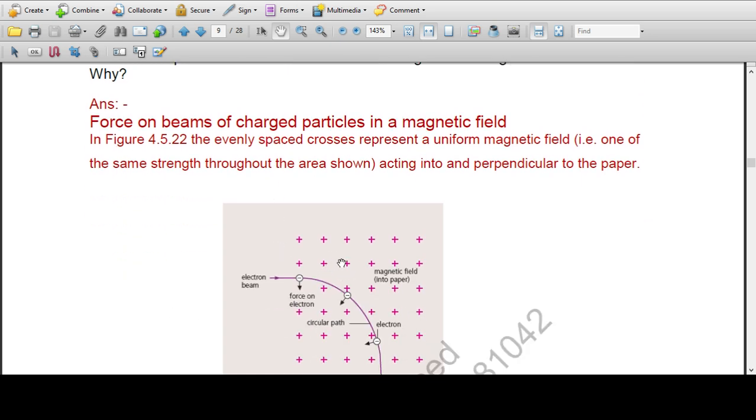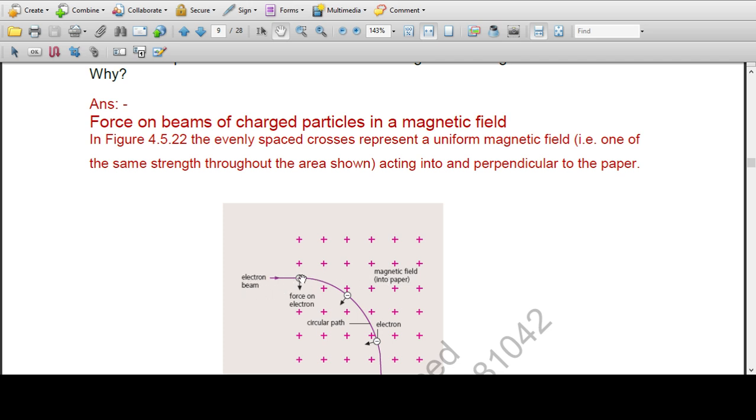Here we have an electron beam applied in a magnetic field, and the magnetic field is going from north to south into the page. This plus sign shows a magnetic field into the paper, and an electron beam is applied here.